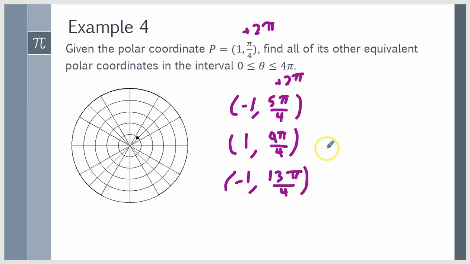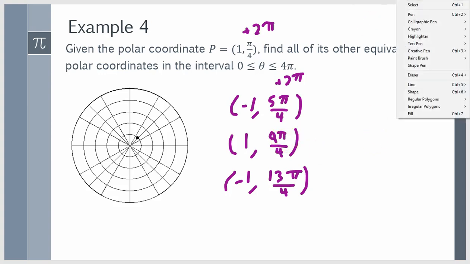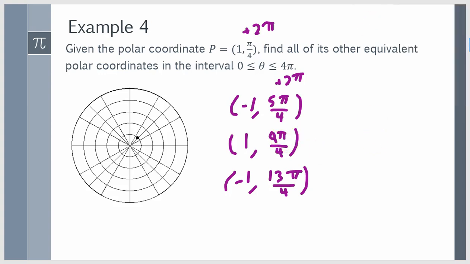Now if I tried to do the coterminal thing again, if I added 2 pi to this value, for example, so I'll do this in a different color because this one's not going to work. So if I add 2 pi again, it would be another angle that's the same as pi over 4 and 9 pi over 4, but what happens is I end up with 1 comma 17 pi over 4. Well, at this point, we've written an angle that is outside of our range from 0 to 4 pi.